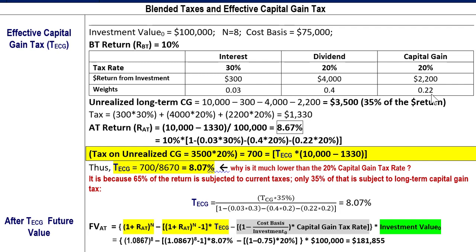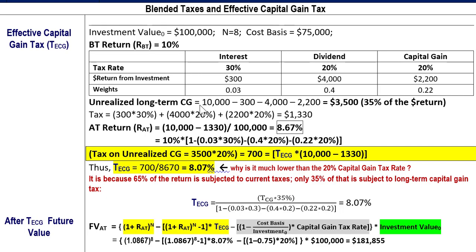So where is the other 35% of the total value growth? That is from the unrealized capital gain. If you use 10,000 minus 300 minus 4,000 minus 2,200, that is equal to 3,500. So 35% of the $10,000 growth is contributed from unrealized long-term capital gain.